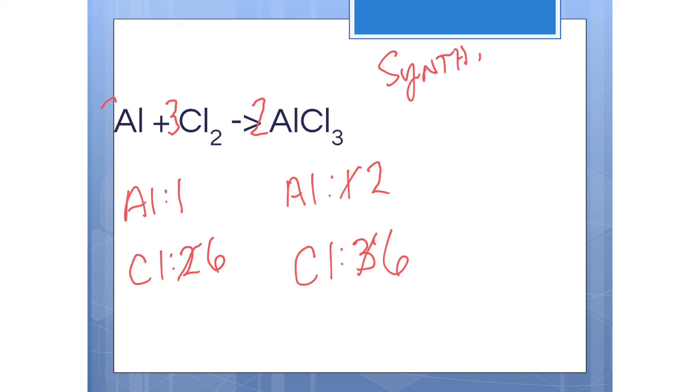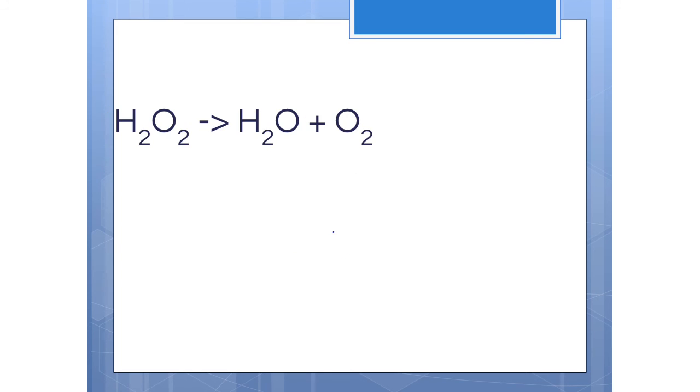All we have to do is place a 2 here. There you go. So adding these coefficients of 2, 3, and 2, we have now balanced this reaction, and it shows that we have conserved mass on both sides. We have 2 aluminum on both sides, 6 chlorine on both sides, and we see that the law of conservation of mass has been fulfilled, and we have balanced this equation.